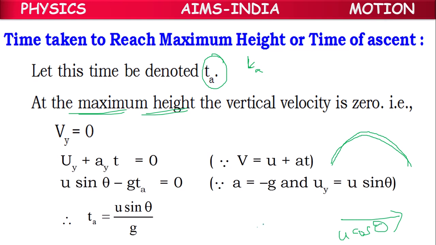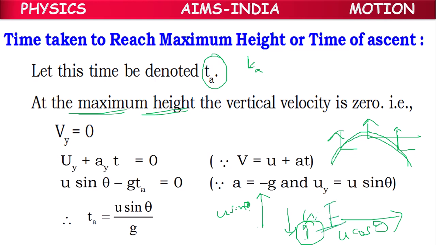But the vertical component of velocity, u sin theta, will always be affected by acceleration due to gravity g. At any point, this vertical component of velocity will be affected by acceleration due to gravity because of gravitational force.